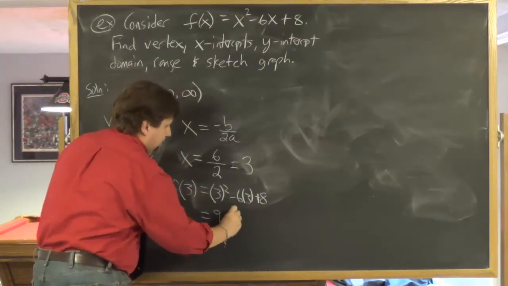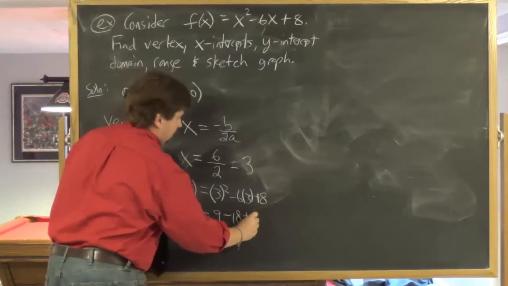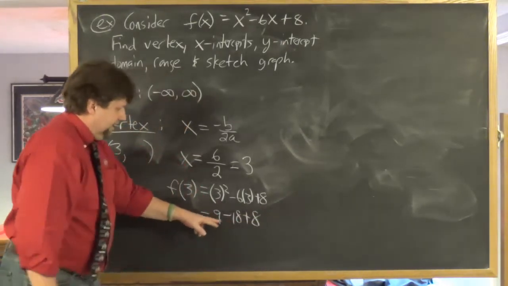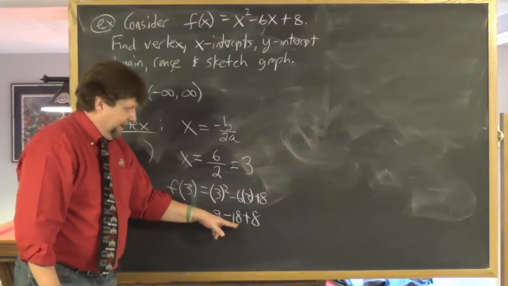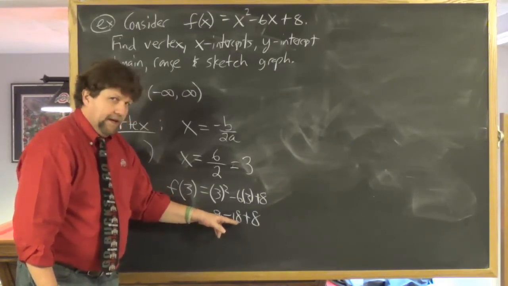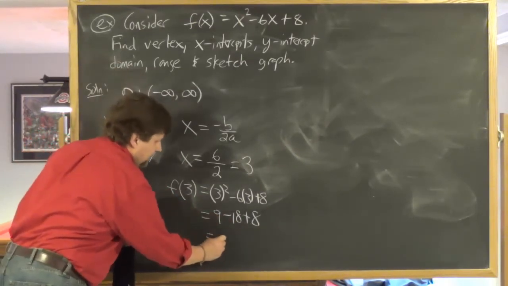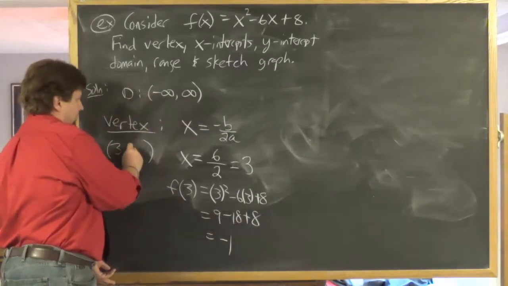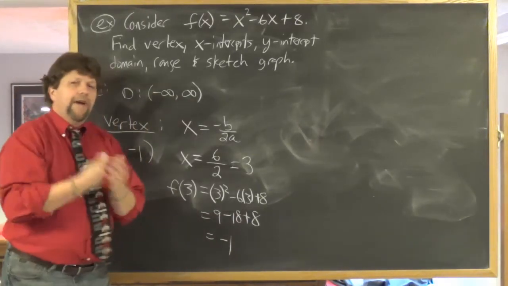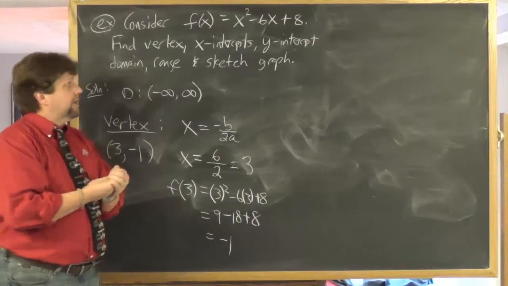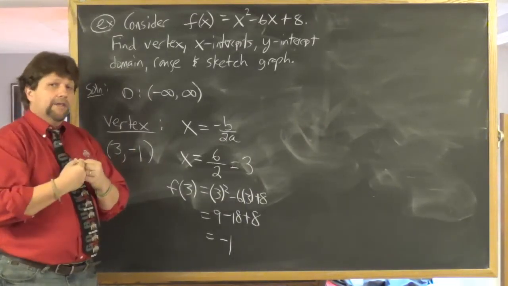So that's 9 minus 18 plus 8. Let's see, 9 minus 18 is negative 9. Negative 9 plus 8 is negative 1. So we have found the vertex. We found the coordinates of the vertex. And we're going to go a step further.